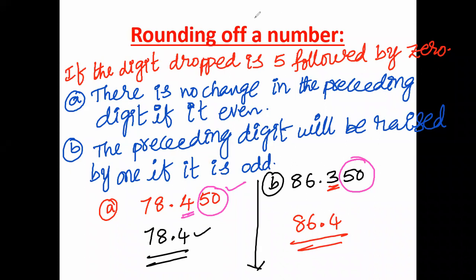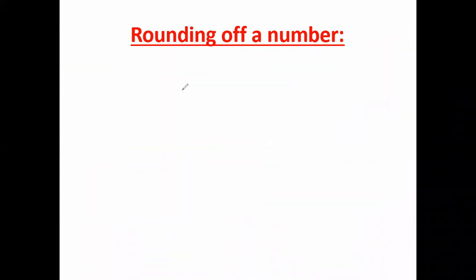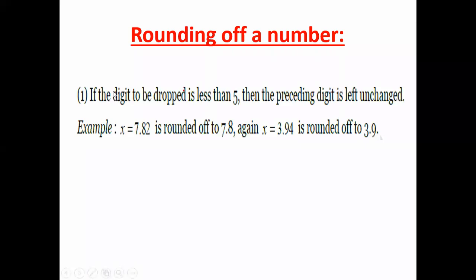I have a typed version to show you. If the digit to be dropped is less than 5, then the preceding digit is left unchanged. 7.82 is rounded off to 7.8.